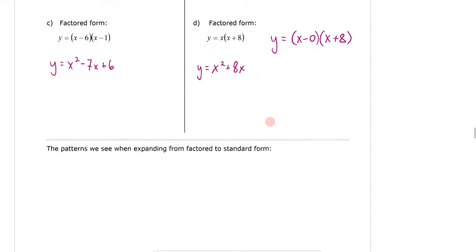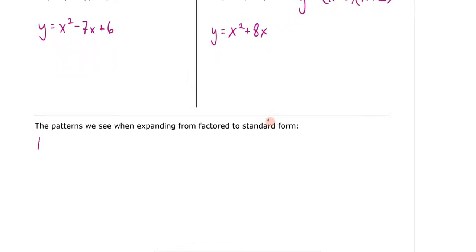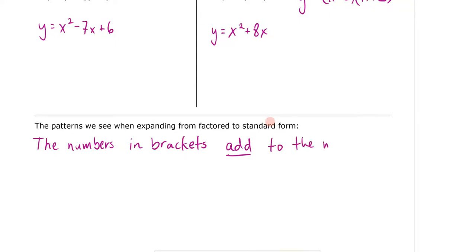Let's write this pattern down. The numbers in the brackets add to the middle number, and that number is b in the standard form.